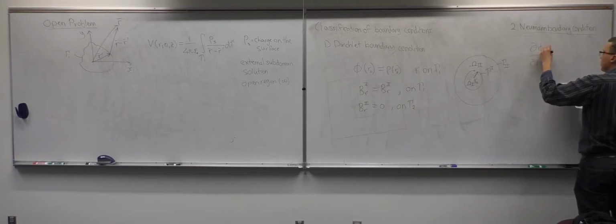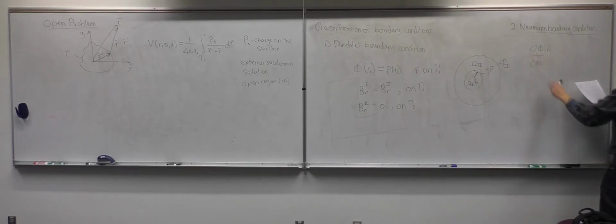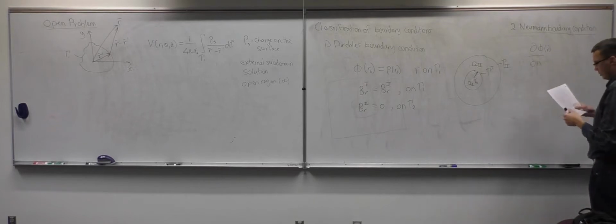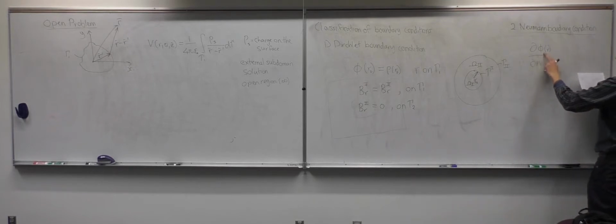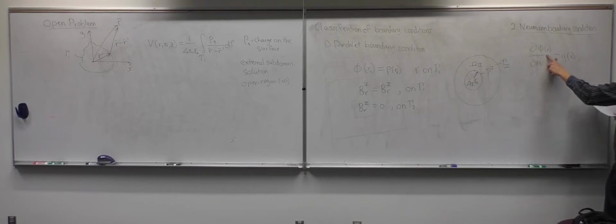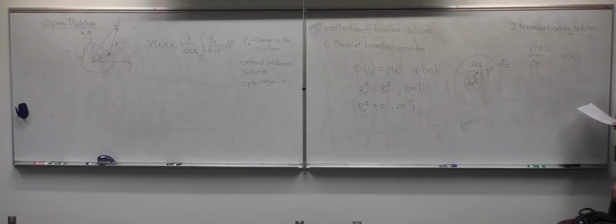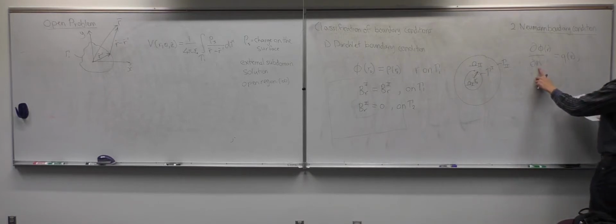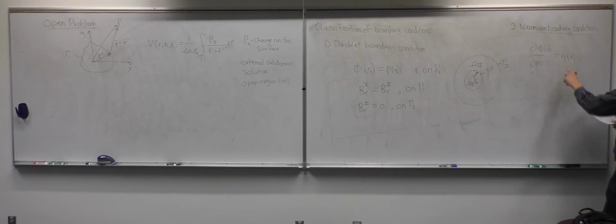So, for example, n could be the normal, it could be an x, or it's a change in the field term with respect to a coordinate direction, Cartesian or polar coordinate, for example. The change in the scalar potential with respect to a direction n could be equal to some value.